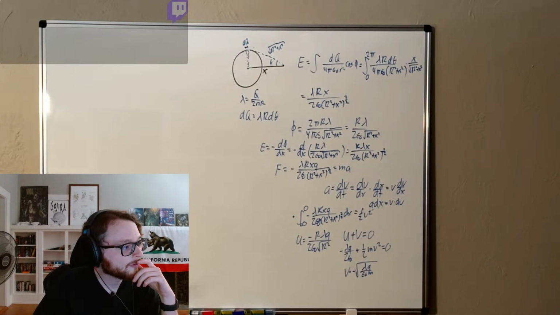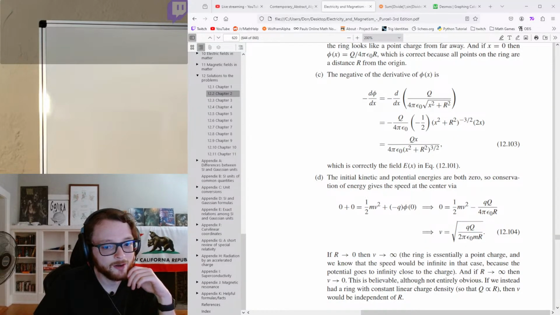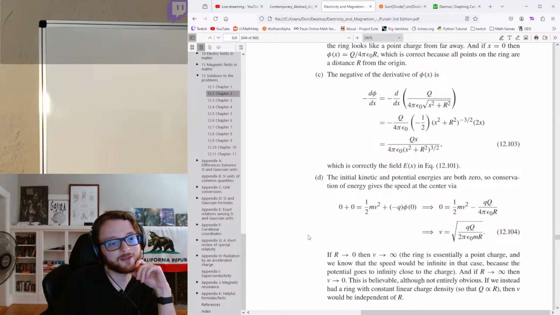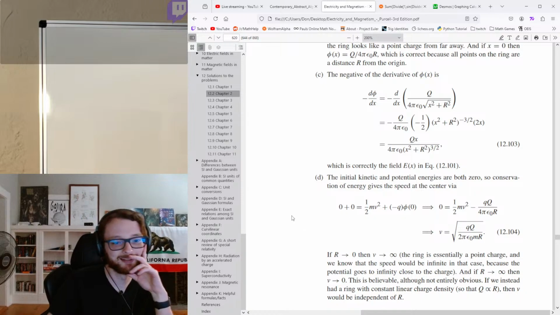Oh, maybe they're saying it's not constant because they're letting big R vary. If you kept the density constant as you increase R, that's what they're saying. Okay, now I get it, I think.